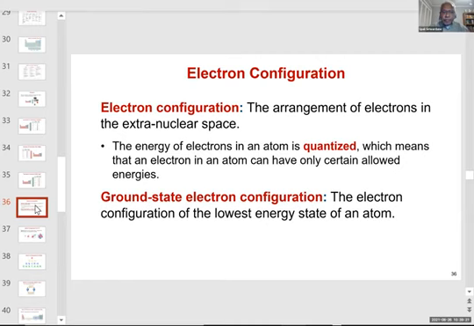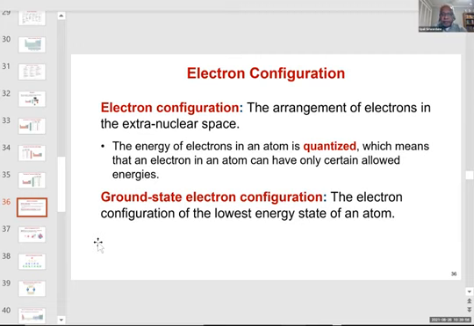When you fill electrons into an atom, you fill the lowest level first, which is close to the nucleus. They're like orbits in a planetary system, which we call shells. The first shell has the lowest energy, the second shell the next energy, and so on, up to the third and fourth shells.